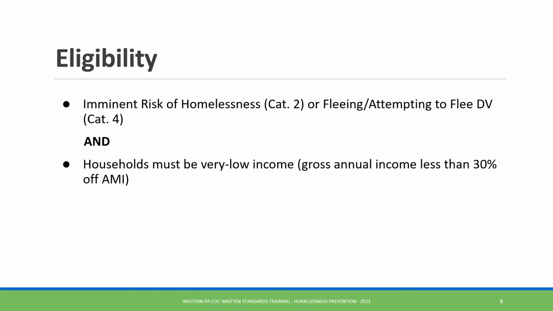Even though they're being rehoused, it is not rapid rehousing unless that household became literally homeless or otherwise eligible for rapid. But as long as that didn't occur, they will stay in the HP project and get rehoused within the HP project.